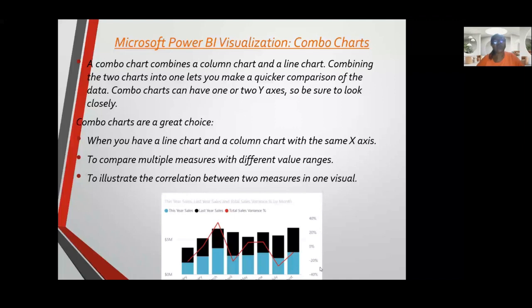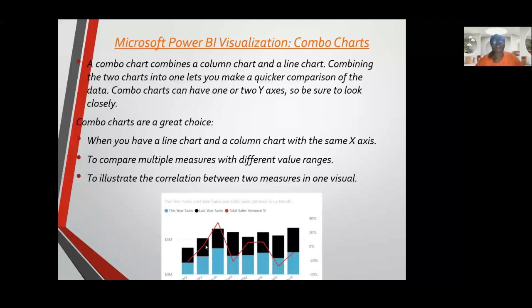Combo charts are a great choice when you have a line chart and a column chart with the same x-axis, to compare multiple measures with different value ranges, and to illustrate the correlation between two measures in one visual.